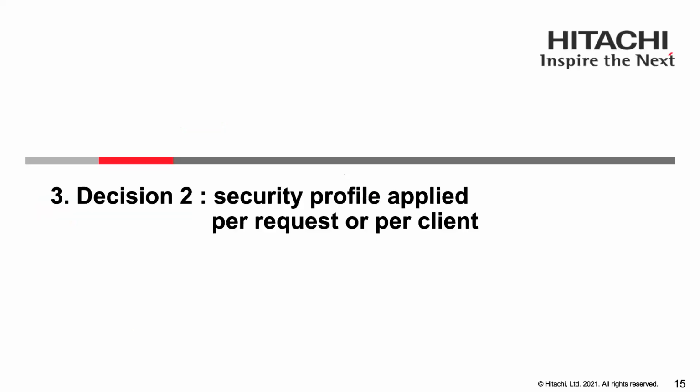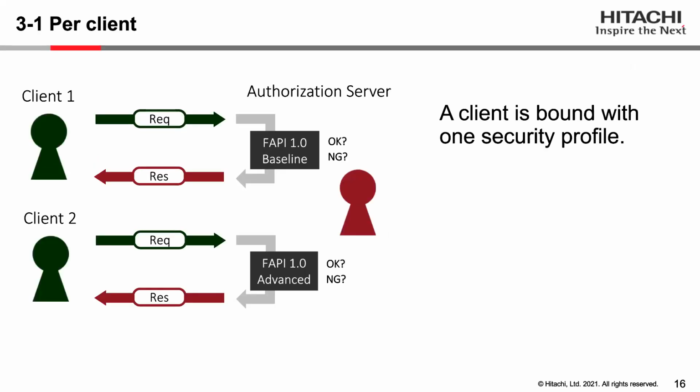So next, I would like to talk about the other decision point. Whether to allow our server to apply security profiles per request or per client. Applying a security profile per client means that the authorization server applies the same security profile against every request from the same client.